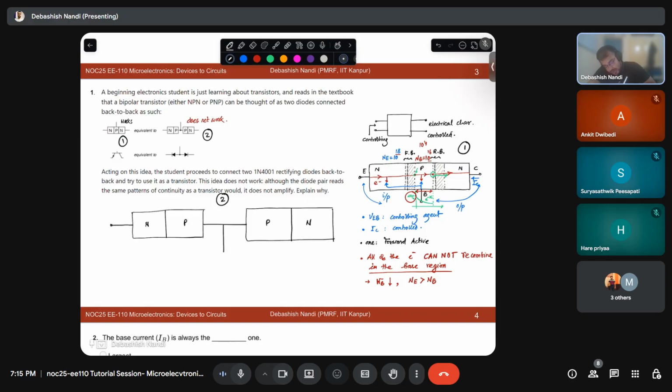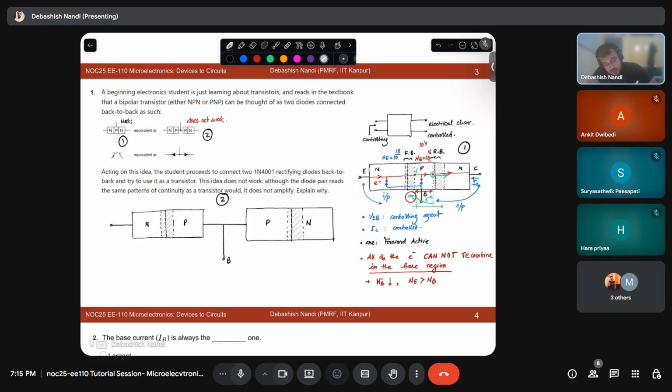First of all, tell me how many junctions are there in this structure? Anyone? How many junctions are there?